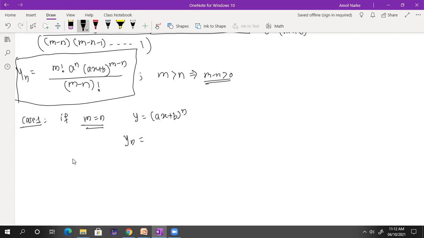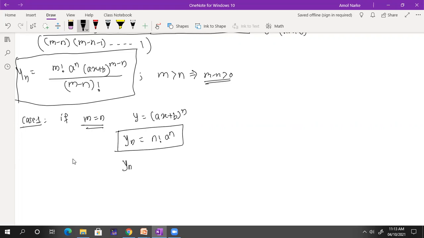Absolutely correct. What happened with the numerator? It will be n factorial into a raised to n. Or you can write m factorial, since m is equal to n, you can write n factorial, no problem. So it is n factorial into a raised to n, that's it.